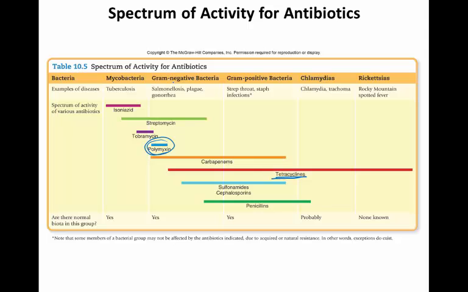If you look, they're working on gram-negatives, gram-positives, chlamydias, rickettsias. So 4 of the 5 different types or groups of bacteria that are listed here. The penicillins, relatively broad. The carbapenems, also broad. Isoniazid, definitely very narrow, sort of limited to the mycobacterium.